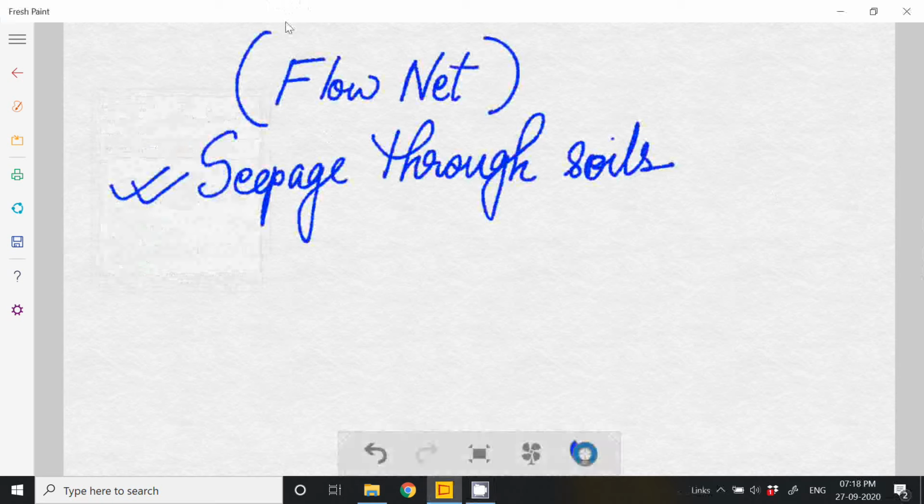And seepage means movement of water through the soil. So for that, let us start by drawing a diagram.